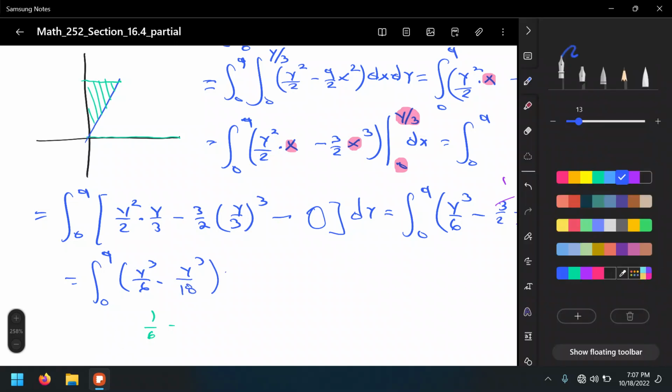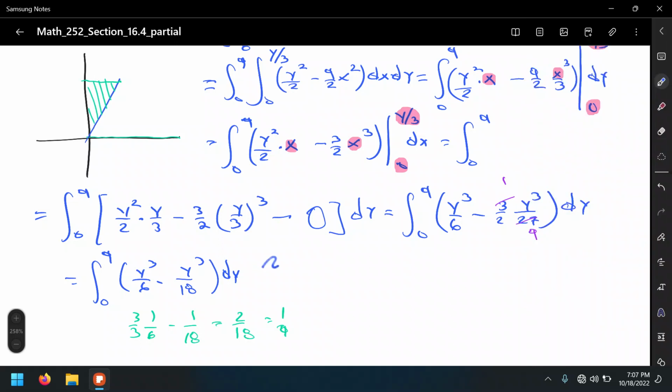So 1/6 and 1/18, or 1 over 18. So what about 3 times 3? So 3 minus 1, that's 2 over 18, which is 1/9. All right. So that's the integral from 0 to 9 of y cubed over 9 dy.